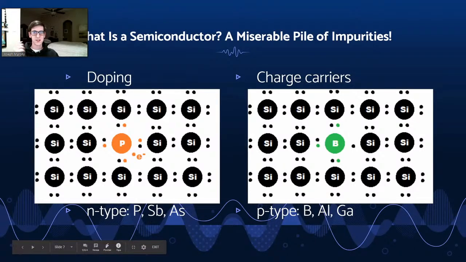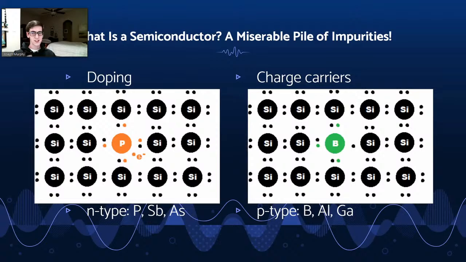So if we take out a silicon and throw in a phosphorus, well, 4 of the phosphorus's electrons can form covalent bonds with nearby silicon atoms, but then we have 1 left over that doesn't have anywhere to go to bond. So what does that do? Well, now we have an extra electron that we can elevate from the valence shell to the conduction band such that it can move around the network and conduct electricity.